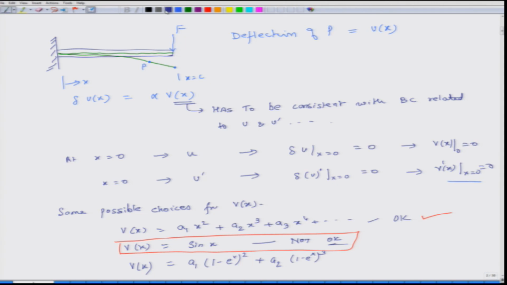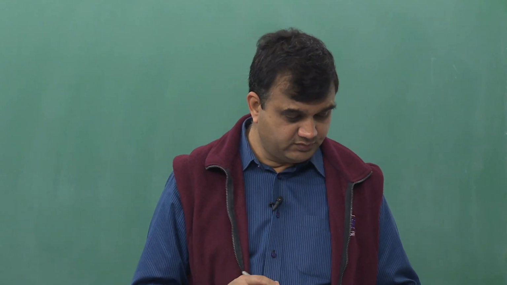At x is equal to 0, is v 0 or not? It is 0. At x is equal to 0, is its derivative 0? 0. So, this is also okay. This is an acceptable function for representing the variation. So, this is an overview of the variation in the system.